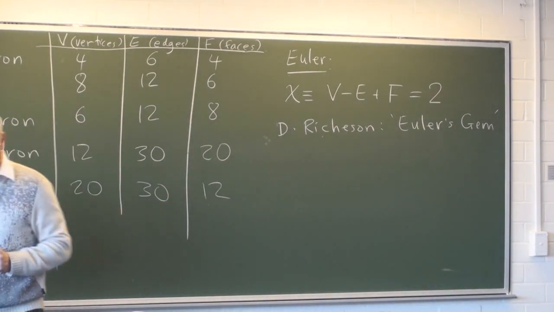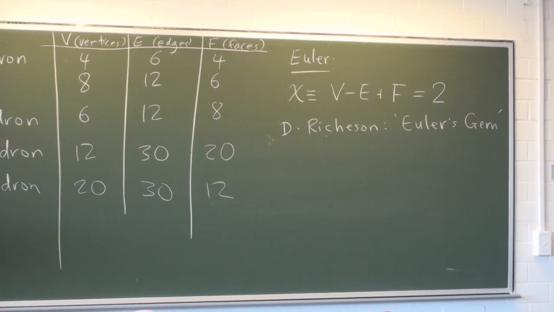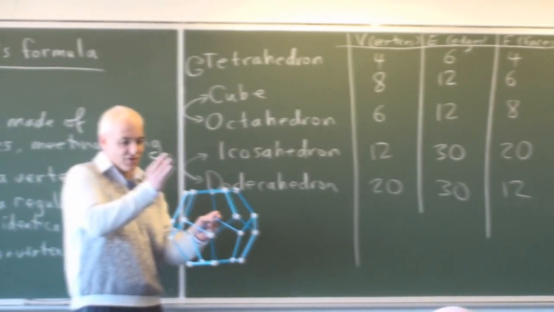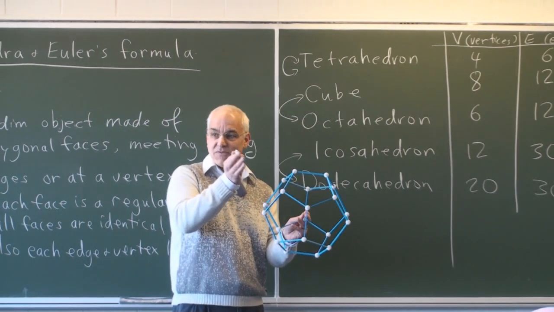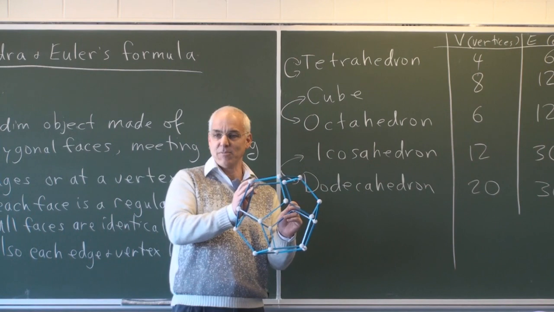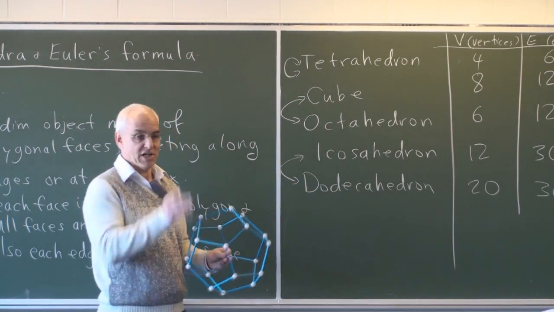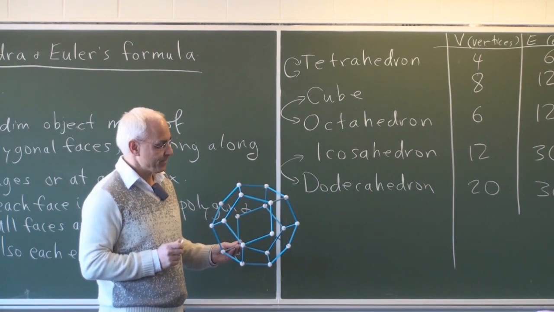Euler's original proof involved taking a polyhedron and cutting it, sort of slicing off tetrahedral portions and making a clever series of reductions until you end up with a very simple thing, keeping track of what happens to the vertices, faces, and edges as you make this deconstruction.